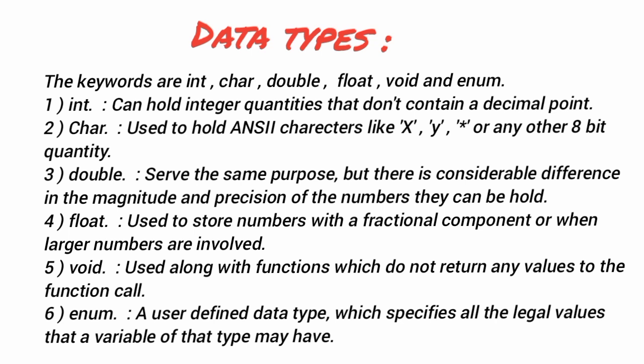Float is used to store numbers with a fractional component or when larger numbers are involved. Void is used along with functions which do not return any values to the function call. An enum is a user-defined data type which specifies all the legal values that a variable of the type may have.